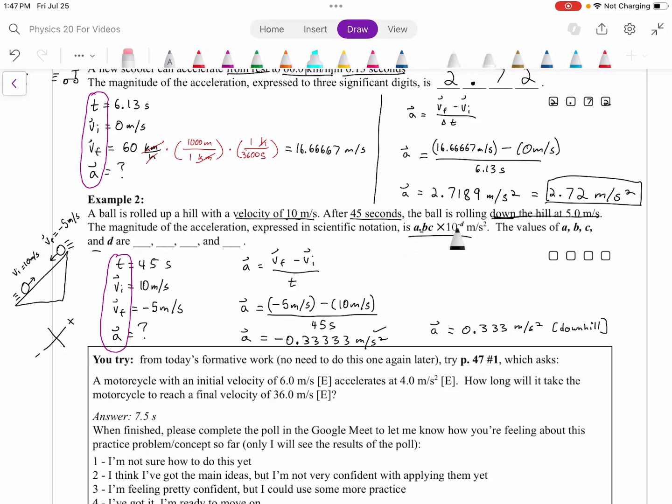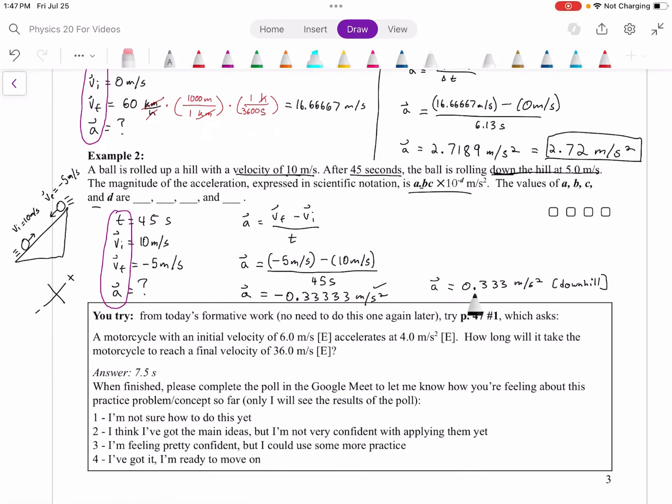Okay, now to express this answer in the format they need, we're still not quite there. We need to write it in scientific notation and then tell them what A, B, C, and D actually are. So remember, for scientific notation, we always need a number between 1 and less than 10, times 10 to the power of something. So right now we have 0.333. We need to move this decimal, so we're going to move it here to give us 3.33.